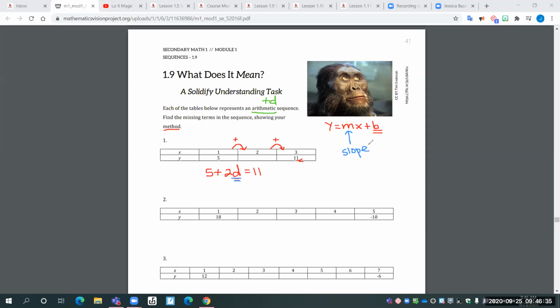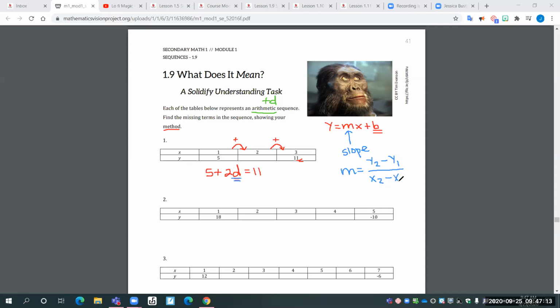We still have a formula for slope that you should have used in 8th grade. That formula went something like this: m equals the y value of some point minus the y value of a second point, divided by the x value minus the x value that's associated with the y.